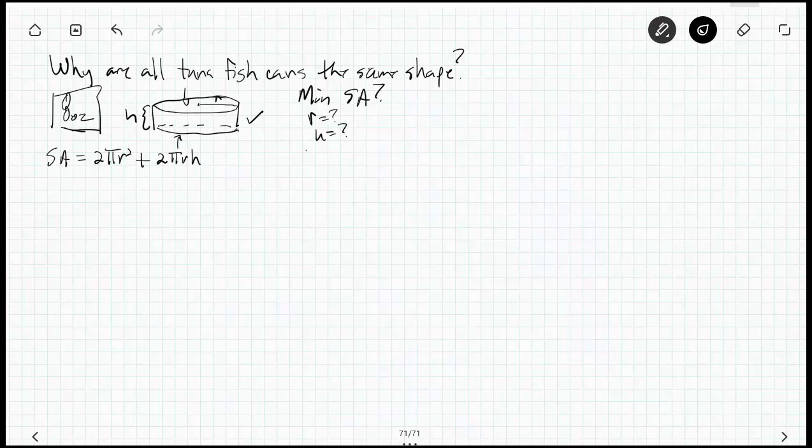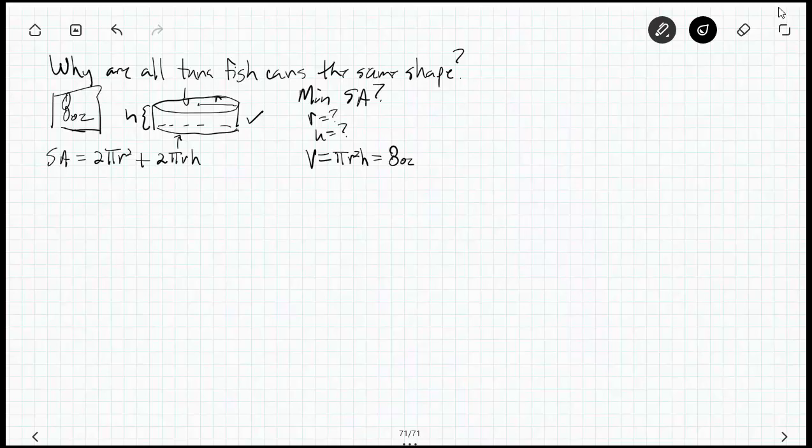And I know that 8 ounces is a measure of volume, right? Don't I know that the volume of a cylinder is always the area of the base times the height? So isn't it pi r squared h? So I know the volume is equal to pi r squared h, and I know that has to equal 8 ounces. That's easy enough.